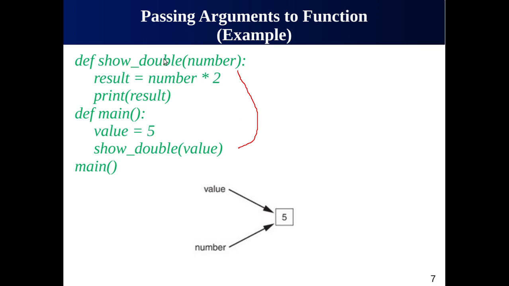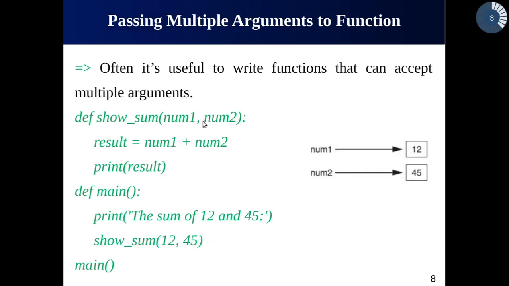Okay. In this example, we passed a single argument to this function. Sometimes we require more than one argument to be provided to the function. That is possible. And it is useful to write a function that can accept multiple arguments. And here is an example. In this example, we have a function with the name showSum.